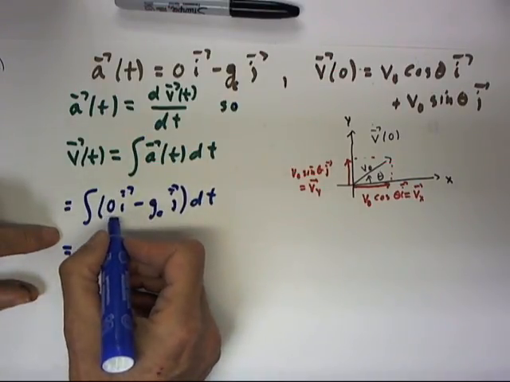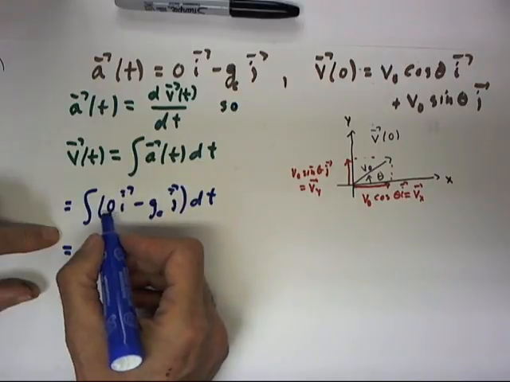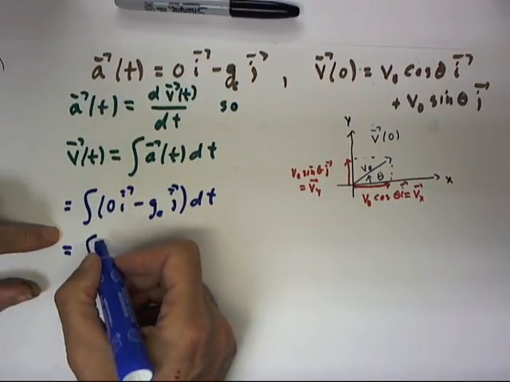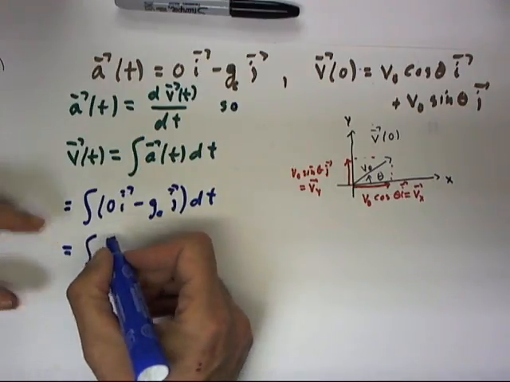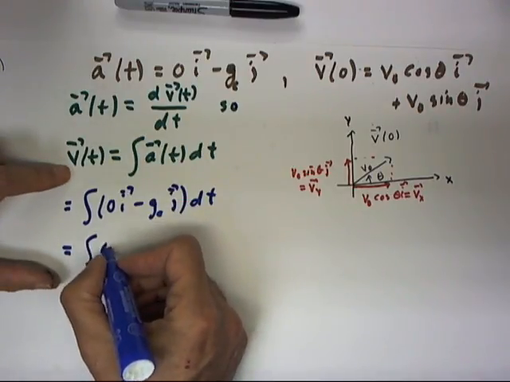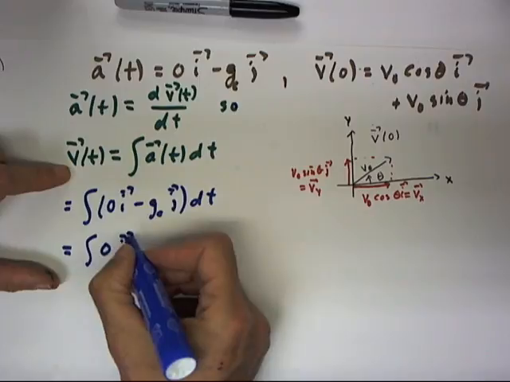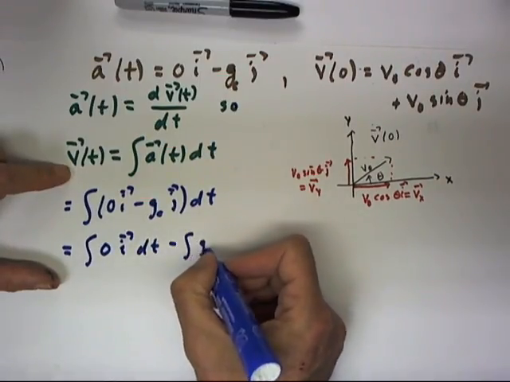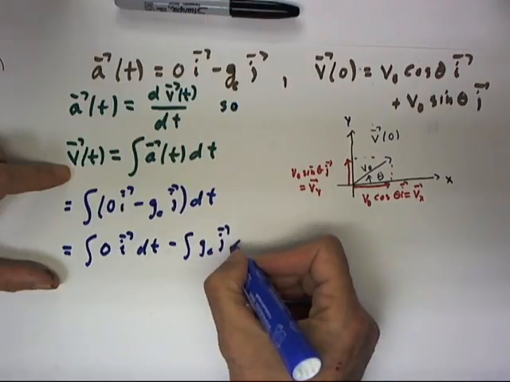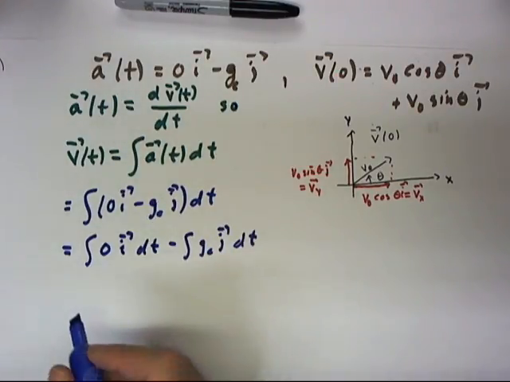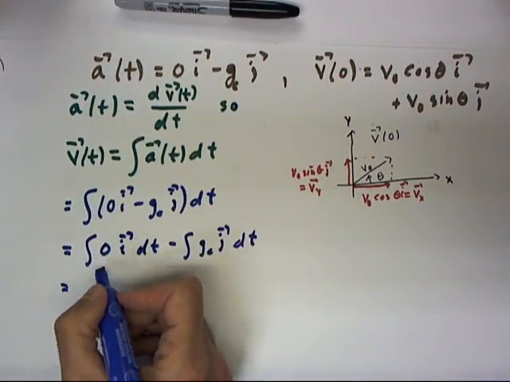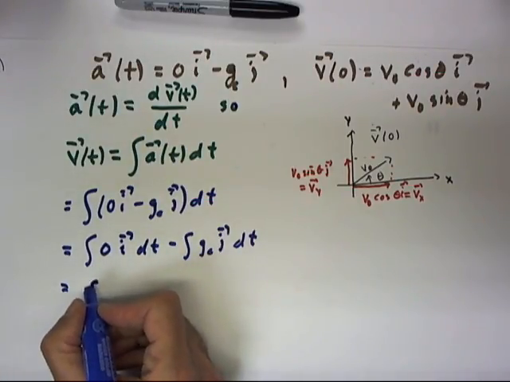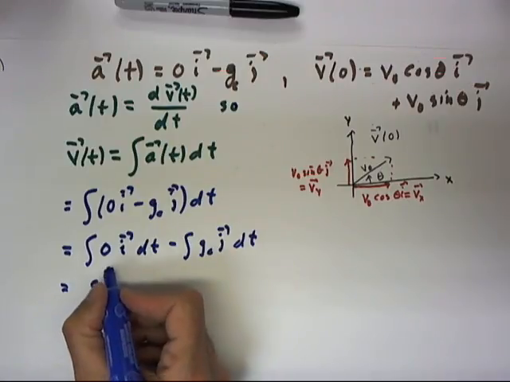Now, the integral of 0, an antiderivative of 0, is any constant. I'm going to break this into the integral of 0i dt minus the integral of g sub c j dt. Okay, antiderivative of the 0 function is just any constant function, so this will be c times i.